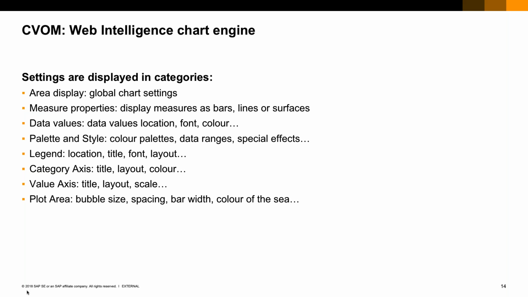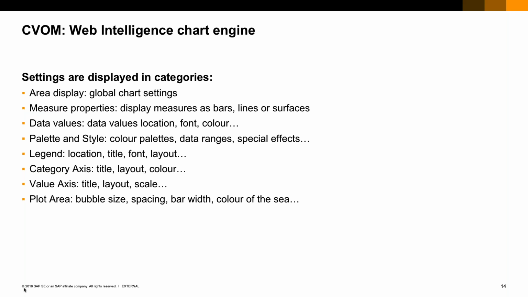Palette and style is where you can define the color palettes, the data ranges, and all the special effects you can add on the chart. There's a category dedicated to the legend, another one for the category axis and the value axis, and finally the plot area, where you have specific settings for bubble size, spacing, bar width, the color of the sea in the case of a geomap, etc.